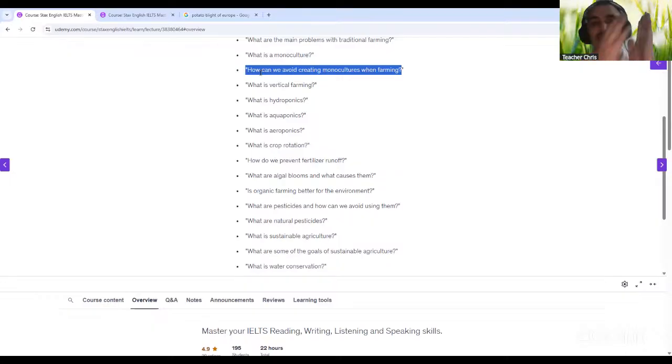sometimes when you plant different things next to each other, they actually help each other to grow because they trade nutrients. So if one plant needs a certain nutrient and the other one absorbs that nutrient, it can actually give the other plant that nutrient through the soil. So we can actually get a boost to our plants from avoiding monocultures.